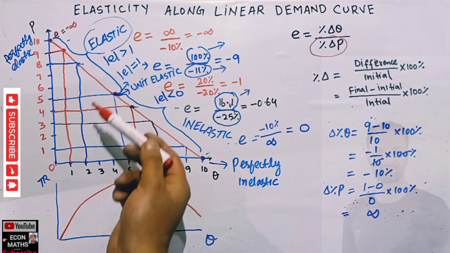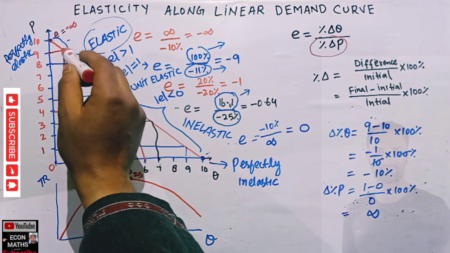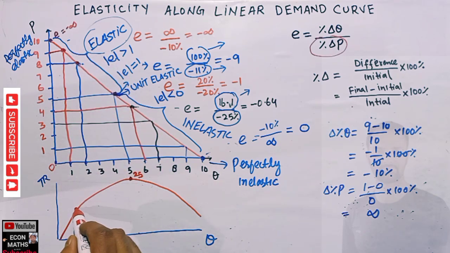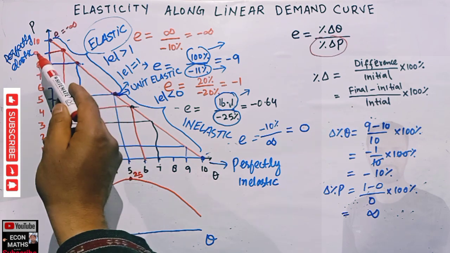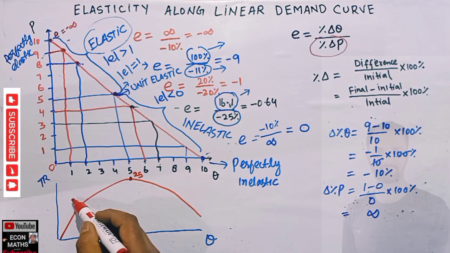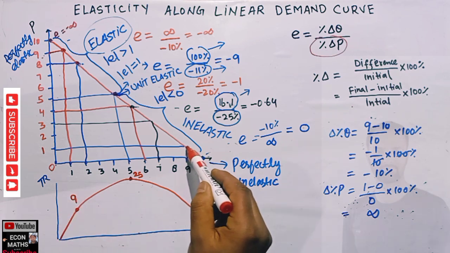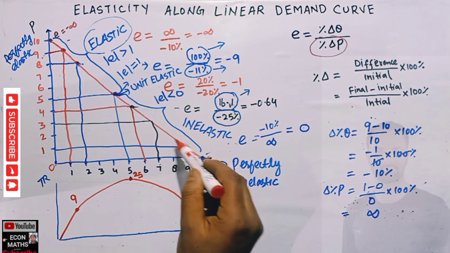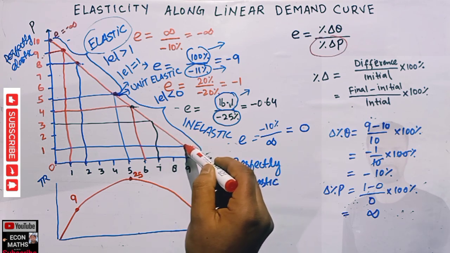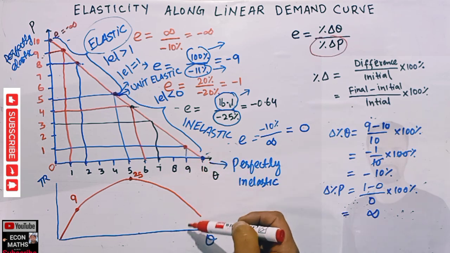Let's take any other point. Corresponding to this point, what is our total revenue? Total revenue is price into quantity, that means 9 into 1, so at this point total revenue is 9. Similarly, let's take this point.